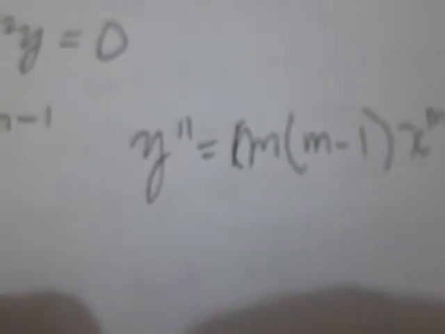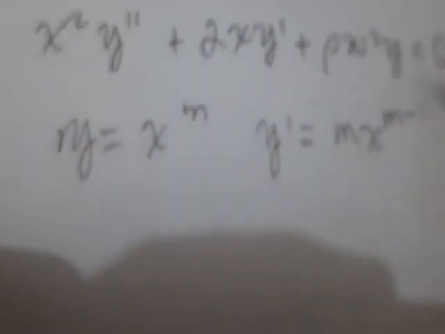After getting this equation, after getting the derivatives, we substitute these derivatives into the original equation and equate it to 0.